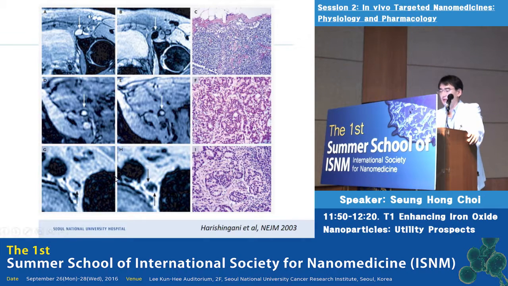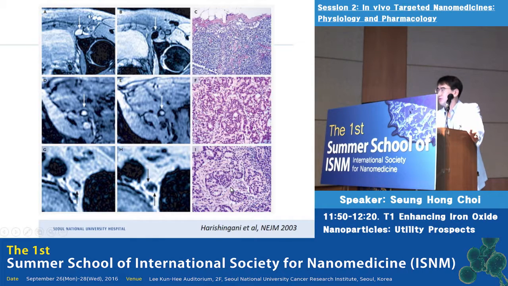And this imaging is interesting because after injection of USPIO, you can see overall darkened signal intensity, but a focal area remained high signal intensity. It is suspicious, and this was a metastatic focus.